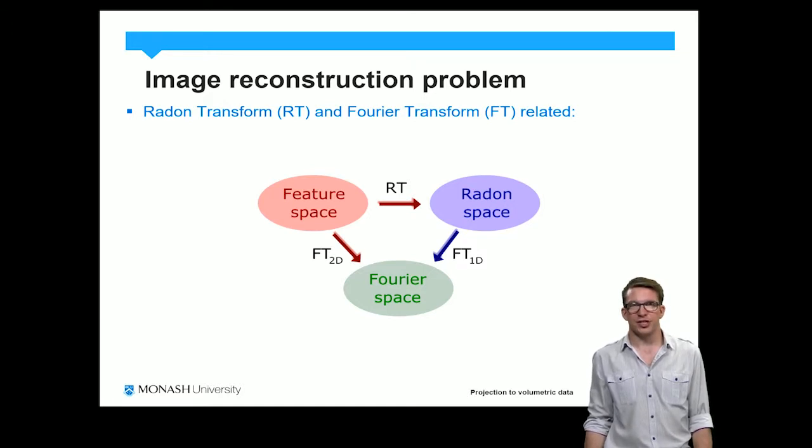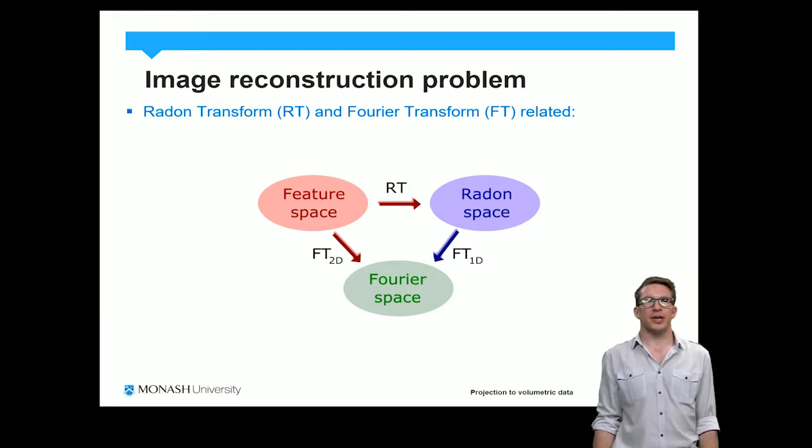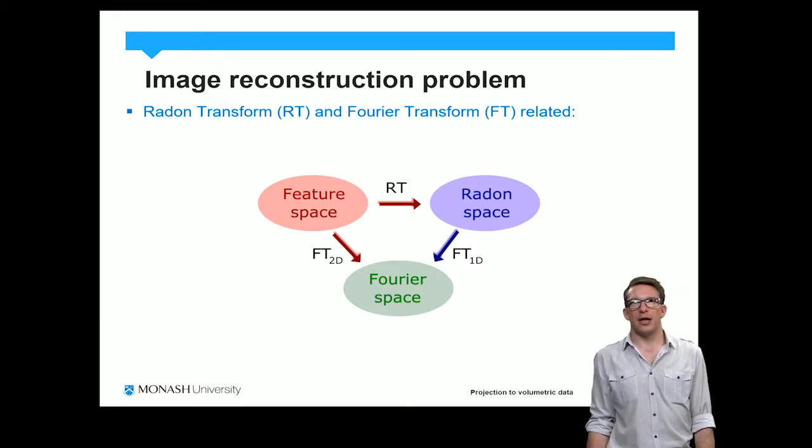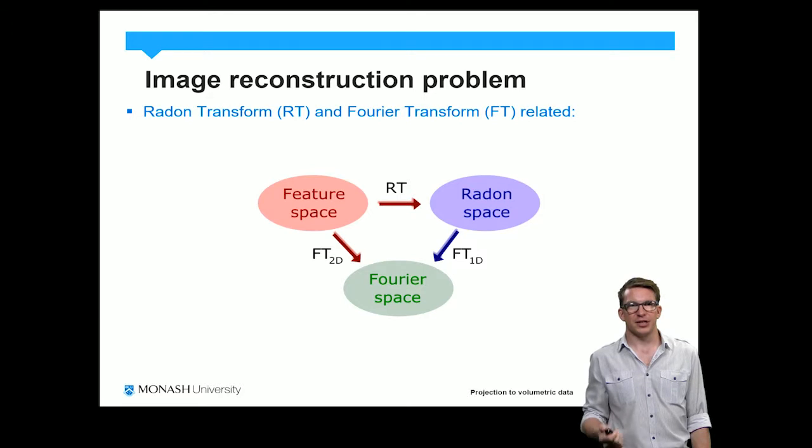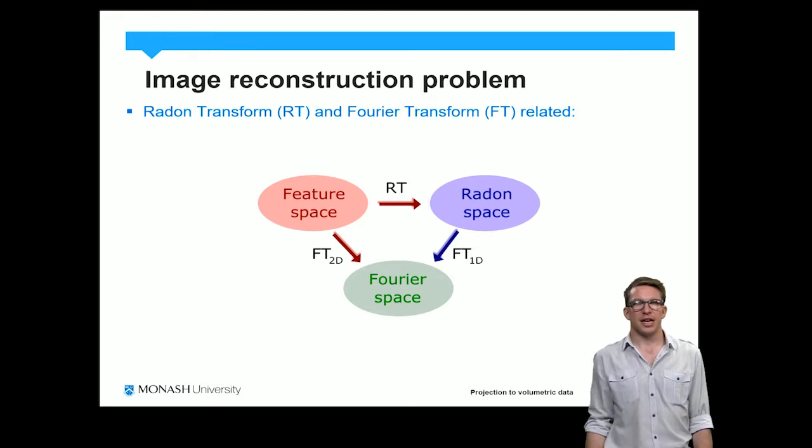So the Fourier slice theorem isn't widely used anymore. We moved to filtered back projection and then on to iterative reconstruction, which we're going to discuss in more detail here. But we're just going to flesh out some of the mathematics that we've seen previously in terms of the Fourier slice theorem, so that when you encounter these in textbooks, you know what the nomenclature is and the basic concepts behind these ideas.